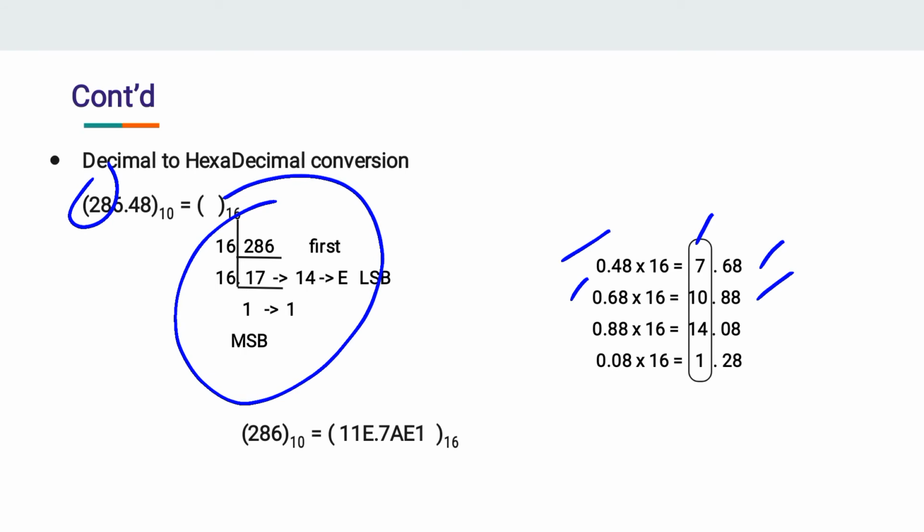You have to drop 10 there. Then back, that is 0.88 into 16. You will get 14.08. Then again you have to take 0.08 into 16, you will get 1.28.